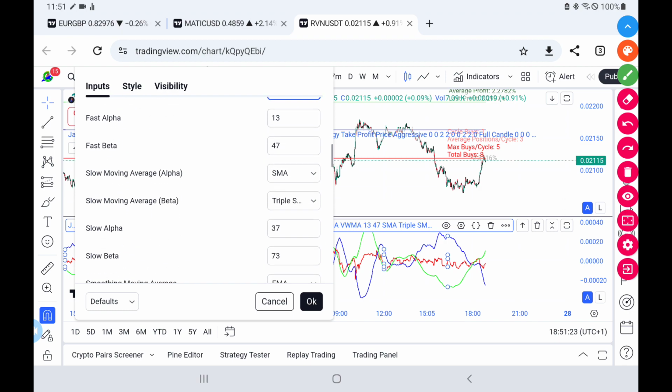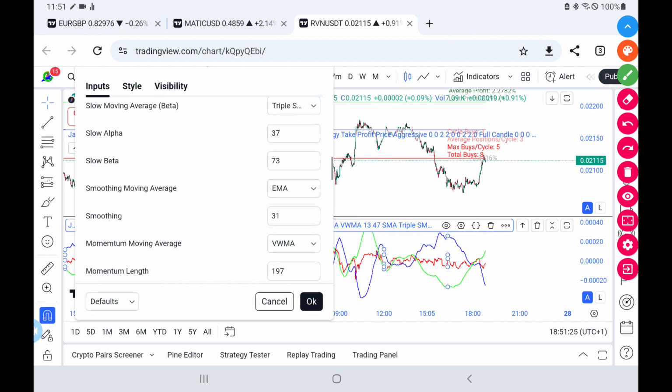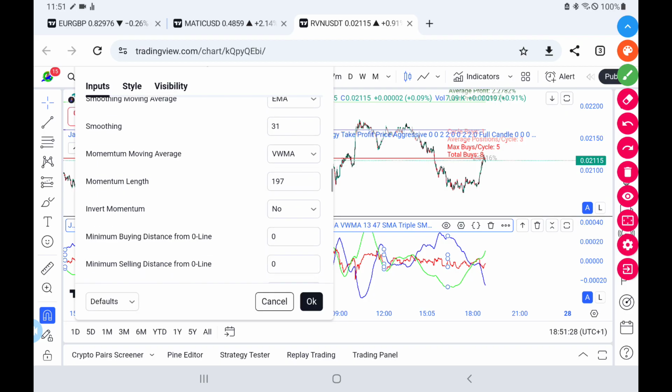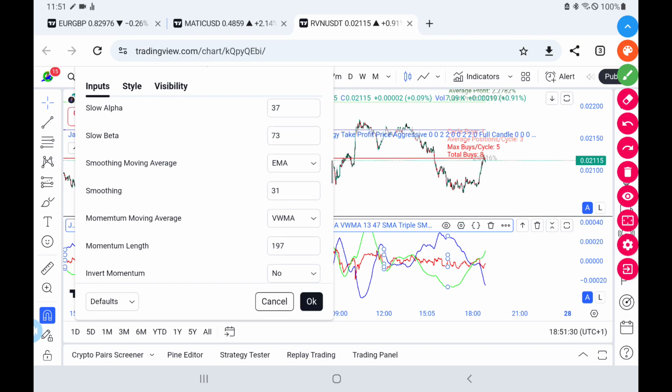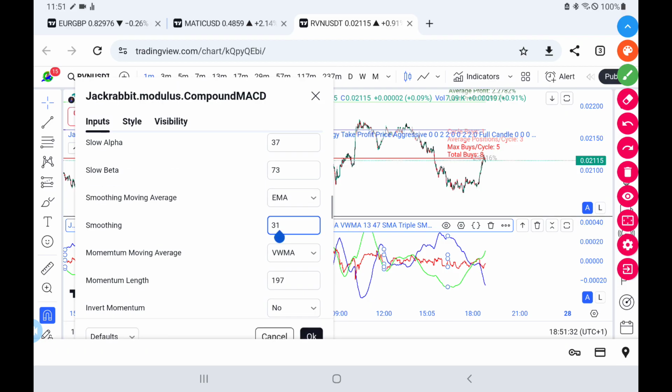It does an exceptional job. Let's go down to our smoothing, and let's take it down to a 7. Really kick up the aggression.